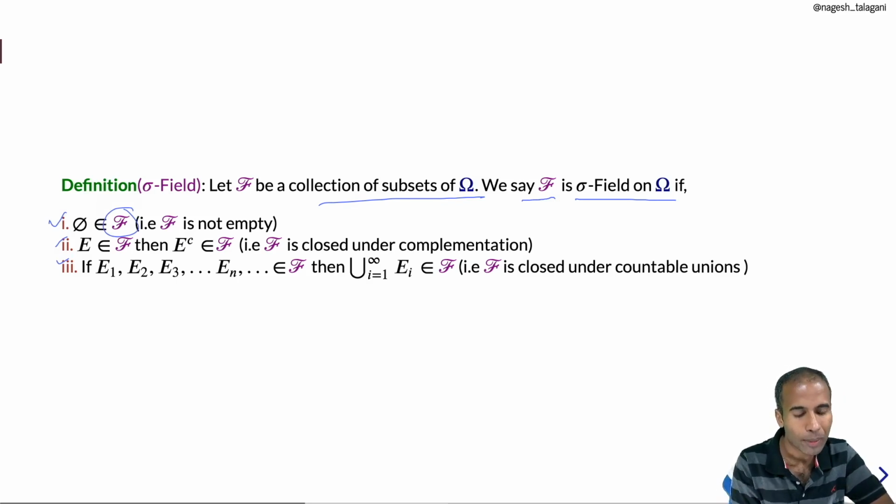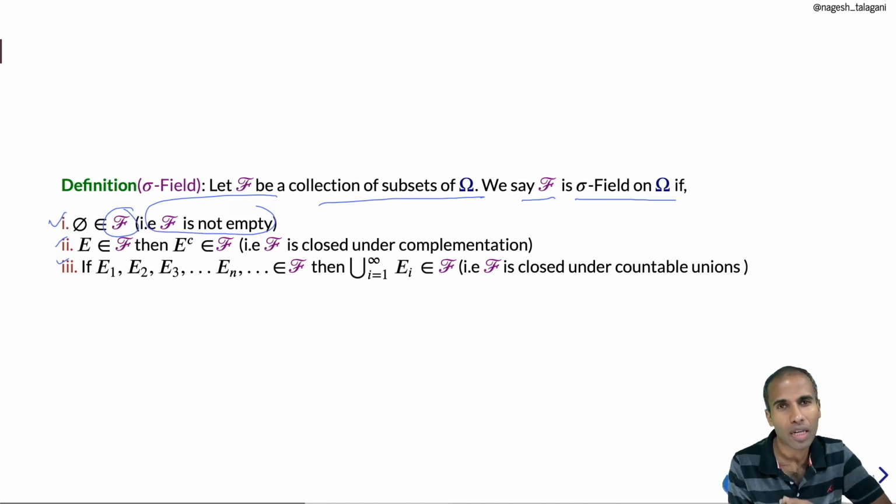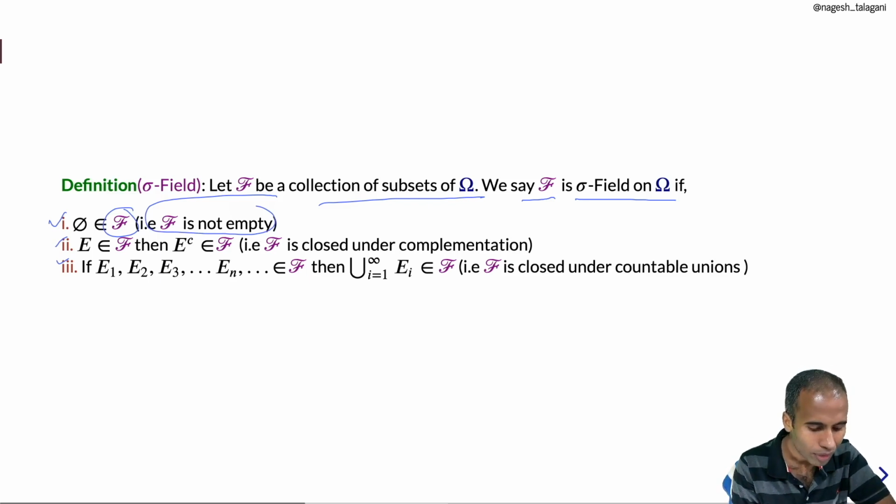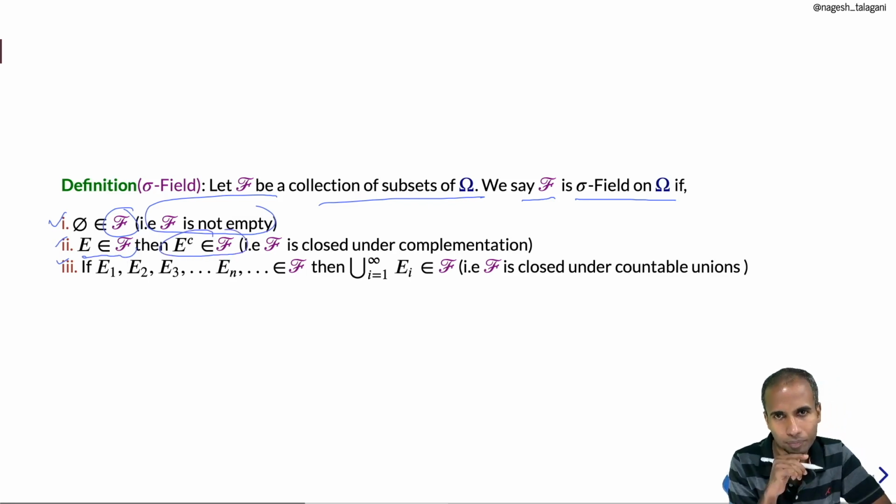That makes sure that script F, the sigma field, is always non-empty. Next, if E is a candidate from script F, then its complement also must be a candidate from script F. That means script F should be closed under complementation.